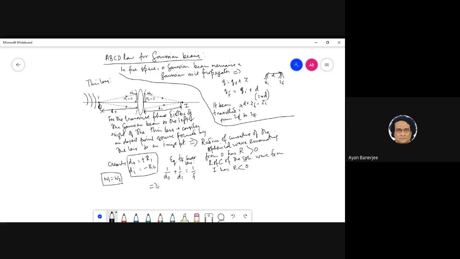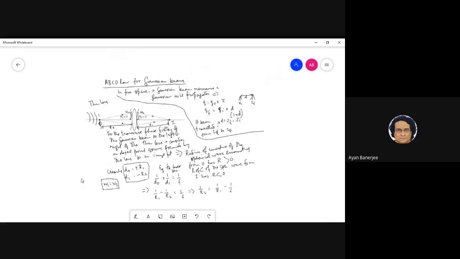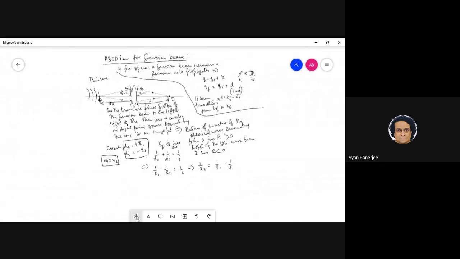This implies that 1 by R1 minus 1 by R2 is 1 by F, which implies that 1 by R2 is 1 by R1 minus 1 by F. Now we also know that 1 by Q is 1 by R plus i lambda by pi W square.